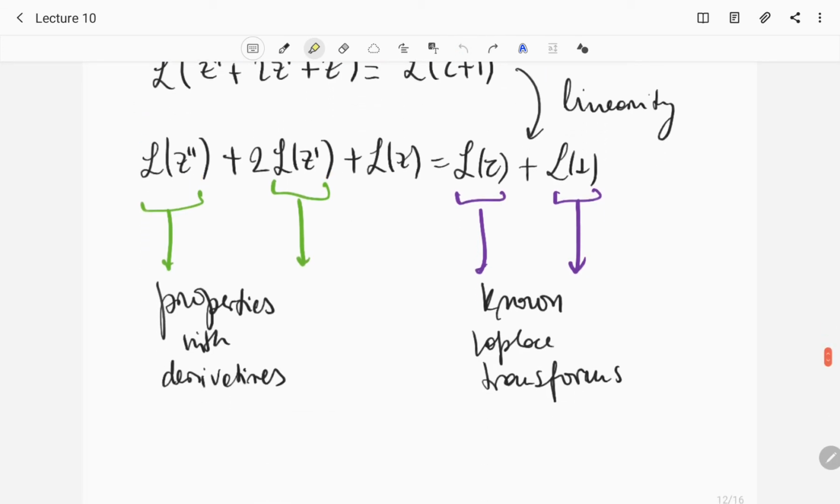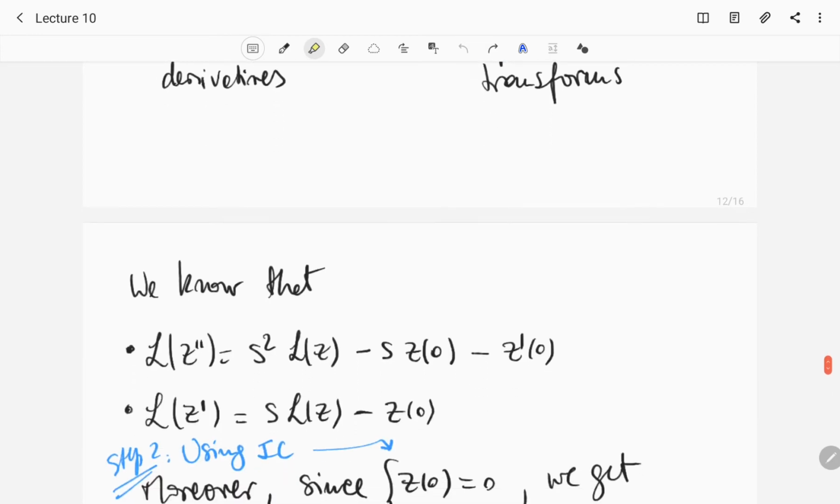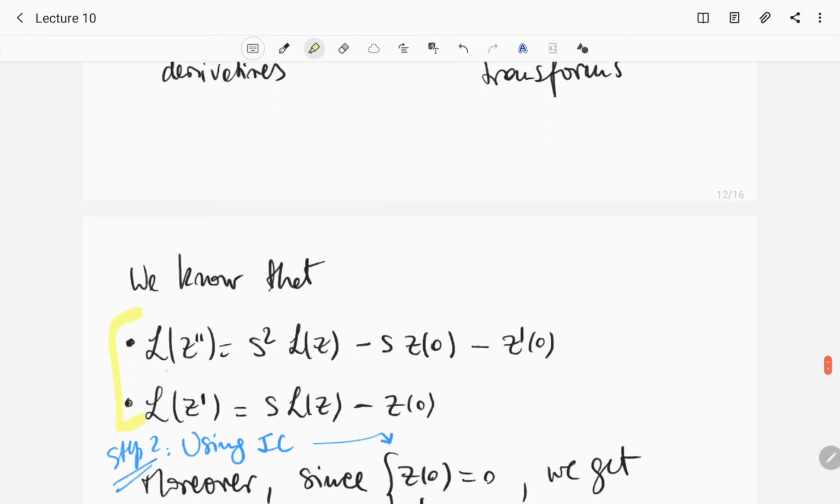Putting the information together, we will use these two, the one related to the second derivative and the first derivative. So we have this s squared times the Laplace transform of theta, and this polynomial of order 1.